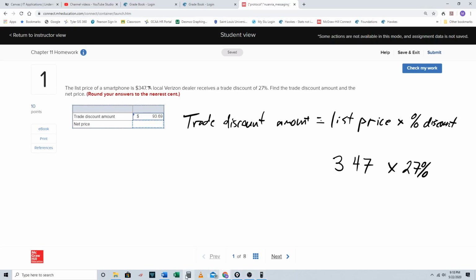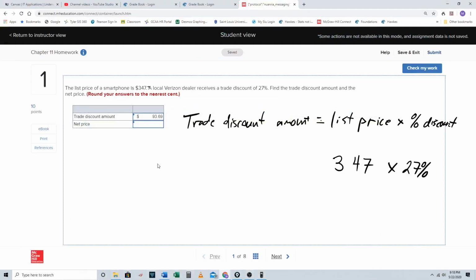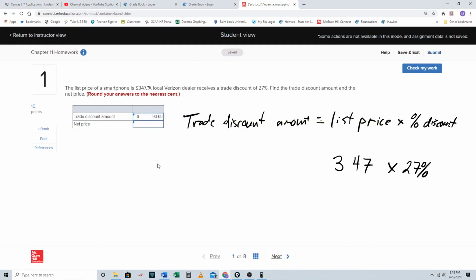Now the net price is going to be the difference. Now, so using our formula, since we have the discount amount, the net price is equal to the list price minus the trade discount amount. So we can just do pencil. 347 minus 93.69. So we can borrow first here.